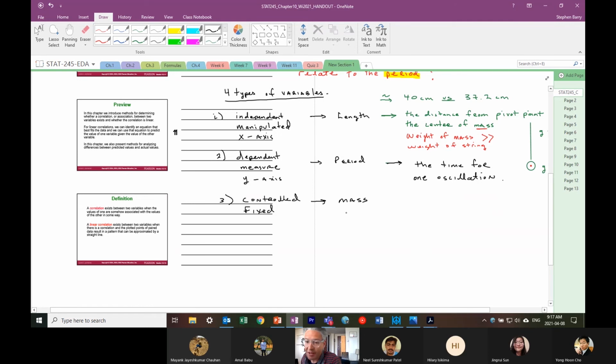You're not changing the density of the air, or the temperature. Things you're not changing that might influence the experiment. The mass should not influence the experiment. But the fourth type of variable, and we talked about this in chapter 1, is called a confounding variable. And these are things you cannot control.